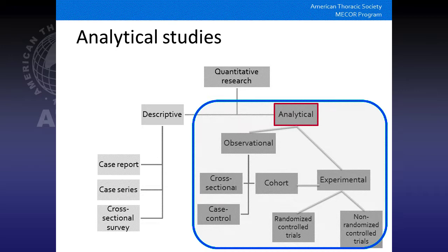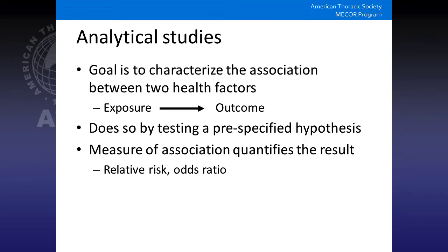So when I think about analytic study designs, I think primarily of those three, that is case control, cross-sectional, cohort, and experimental. And in MECOR and operations research, we tend to focus mostly on cross-sectional and cohort, but we will address the others through this conversation. Okay.